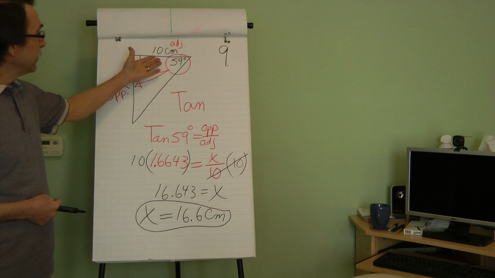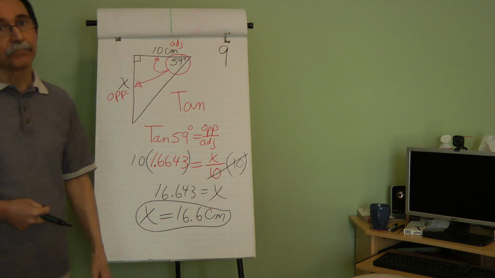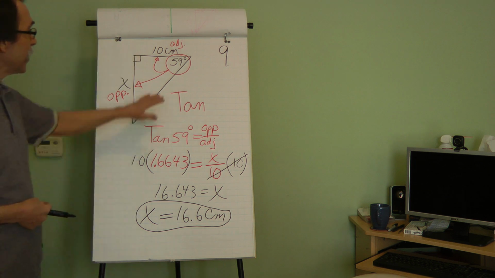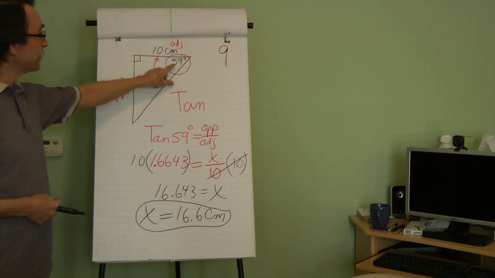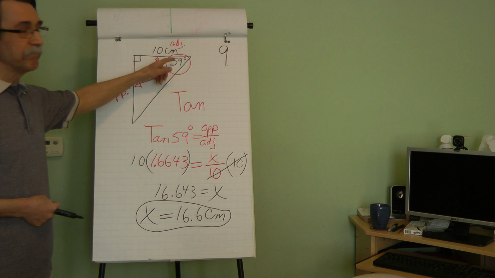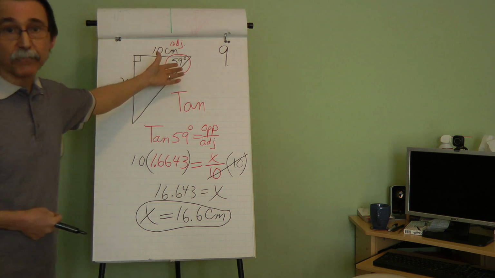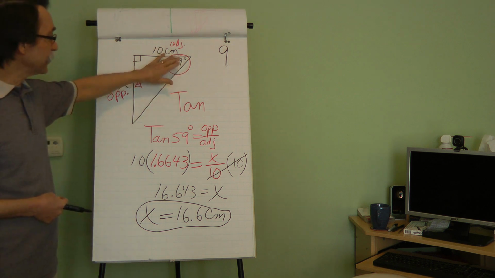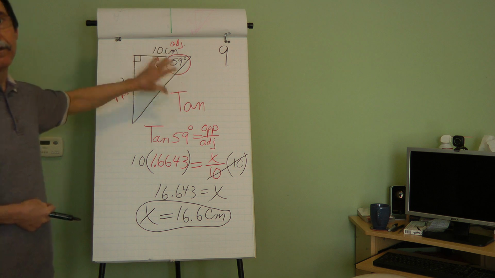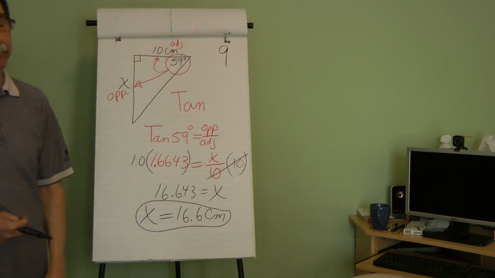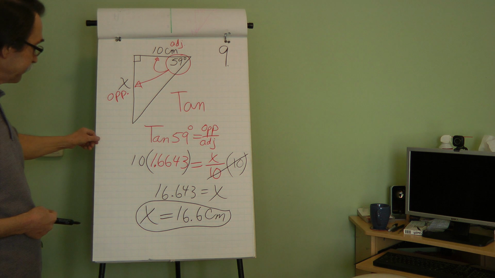Now you know those are just dollar store tools we're using. We're not using high fancy tools. So your degree that you might measure might be 58, might be 60, but it's in that neighborhood. You can verify that that's actually going to be the case.